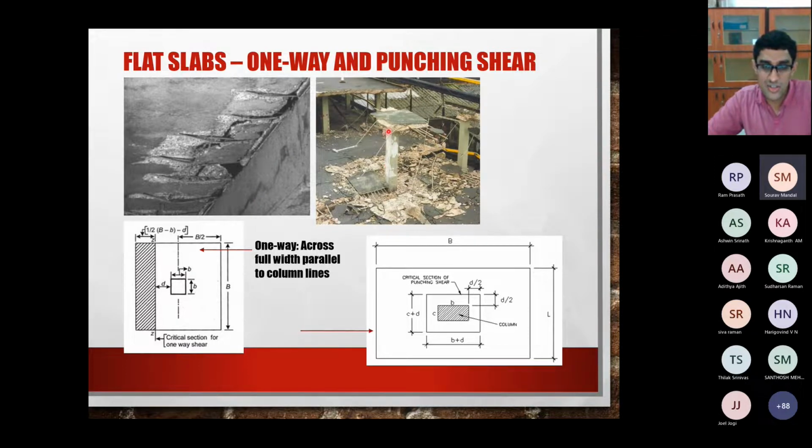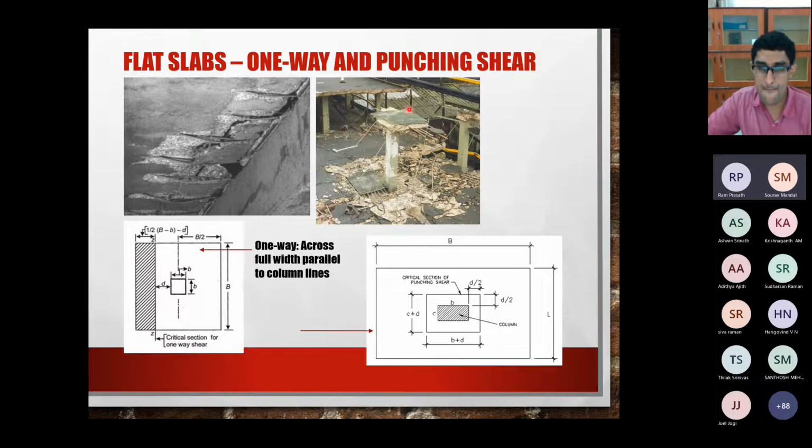What's the difference between this failure and this failure? What is the main clear difference?